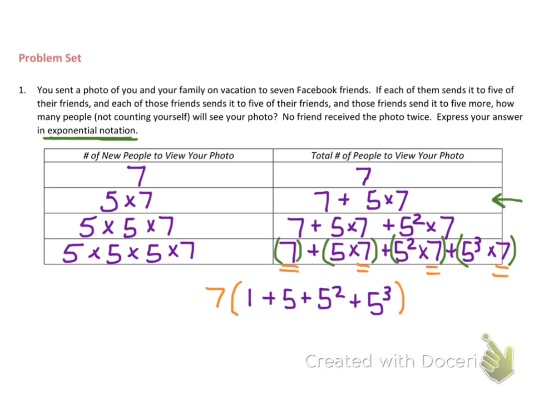Okay, so turns out we can, right? So we can have 7 times, we can replace the 1 with 5 to the 0. And if we're going to do that, maybe we want to show the exponent on the 5 term as well. And we still have 5 squared, 5 cubed. So there's another way we could write this expression. There's nothing wrong with this one. But this one shows that progression of the exponents on the base of 5, from 0 to 1 to 2 to 3.